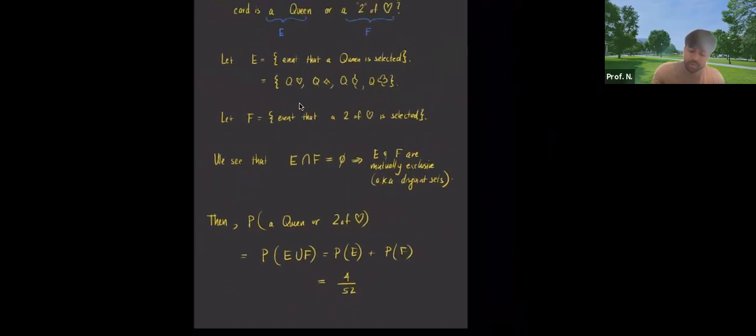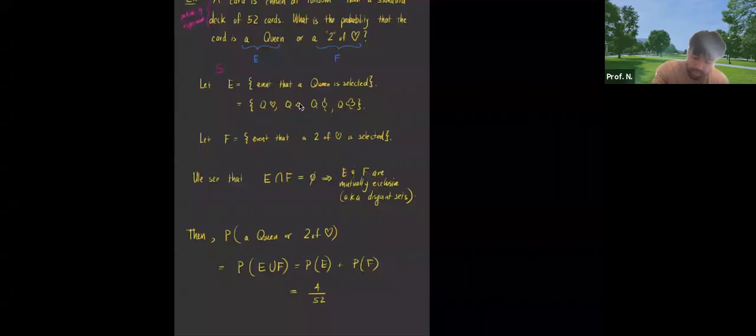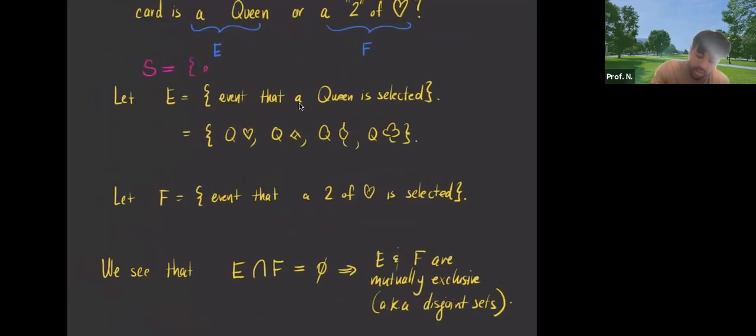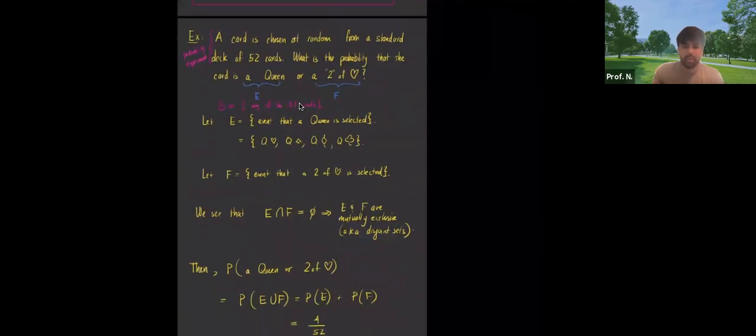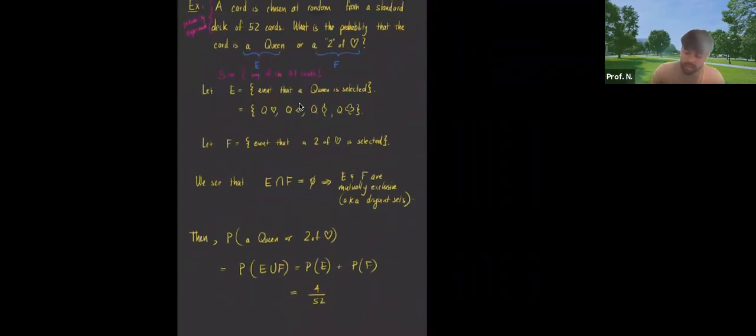One thing we always have to specify is S. S is the selection of one card, any of the 52 cards. That's my sample space. So it's 4 over 52, and then we add 1 over 52. The probability is 5 over 52, and whatever that is numerically as a decimal.